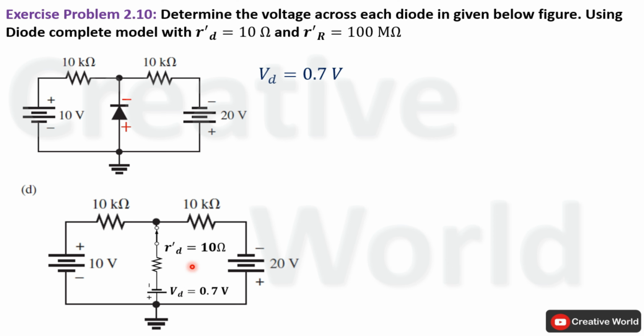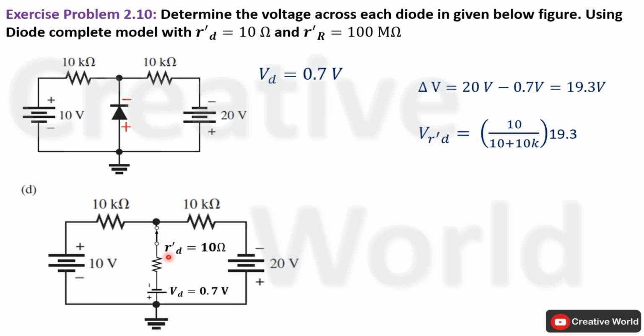For that purpose, first we have to subtract the forward drop of voltage from supply voltage. So remaining supply voltage will become 19.3 volt. And this voltage will be appearing across these two resistances. So we will apply voltage divider rule for this resistance. That will become 10 multiplied by 19.3 divided by 10 ohm plus 10 kilo ohm.